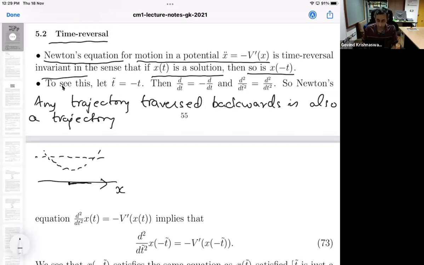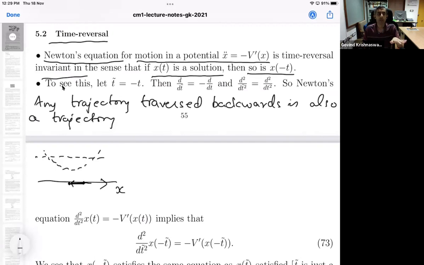Suppose you played this movie backward from some point. Suppose you started the movie over here, then the particle will be moving leftwards. And the claim is that is also a valid solution. Particle starting here and moving leftwards is also a valid solution. That is all it means.